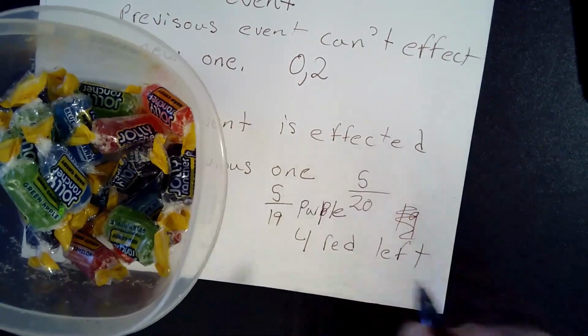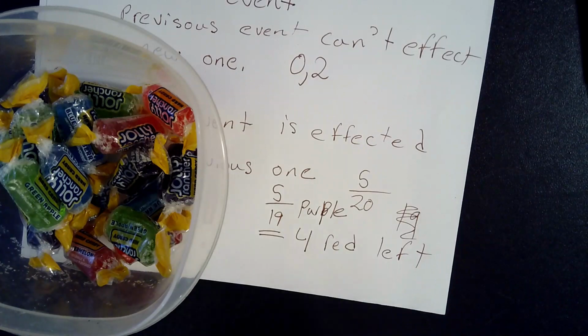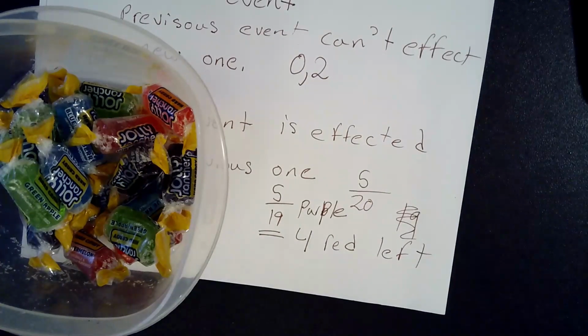And the reason it's 19 now instead of 20 is because of that dependent event. I took that red one out and I ate it. So we only have 19 left in the bowl. And now I took a purple one out, right? And I'm going to eat it.